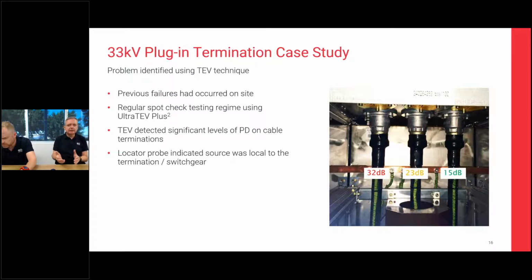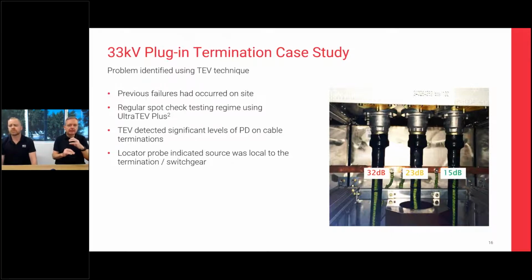So in this particular example, we've got 3 indications of reading, and on one of the phases, the blue phase, we're getting over 30 decibels. What I would say in this instance is, if you have indications, you're starting to see terminations failing on particular types of switchgear or particular locations, don't be absolutely beholden to the amplitude and the thresholds.